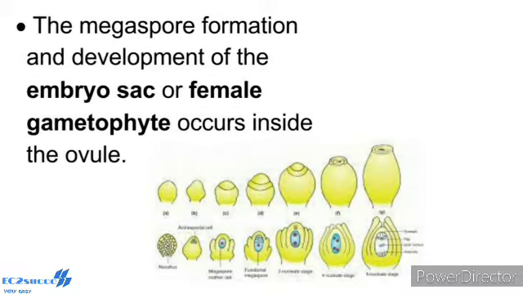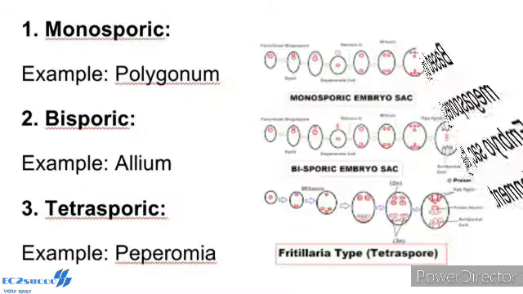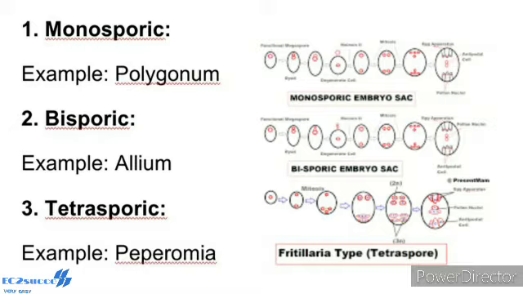The megaspore mother cell undergoes meiotic division to form 4 haploid megaspores. Based on the number of megaspores that develop into the embryo sac, there are 3 basic types of development. Number 1 monosporic, number 2 bisporic, number 3 tetrasporic.